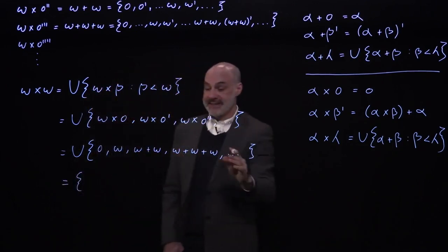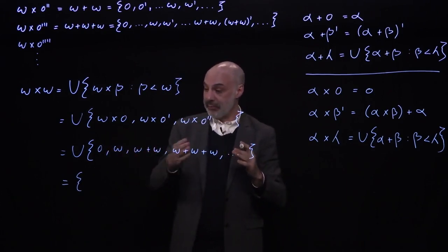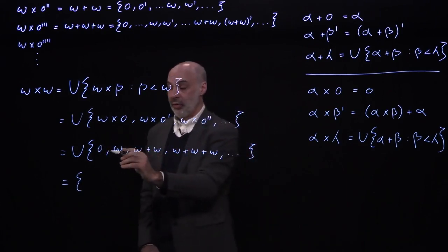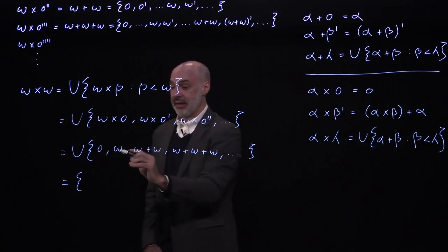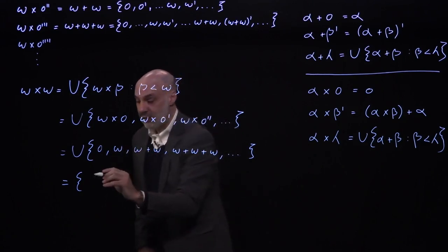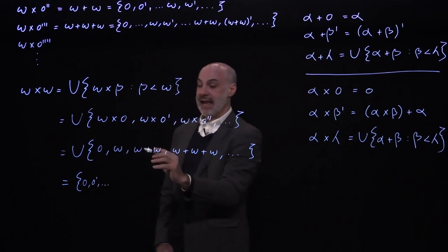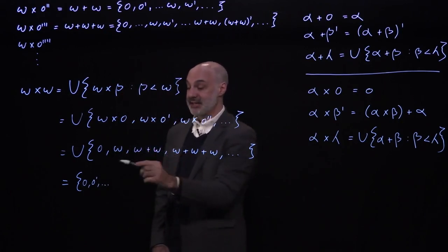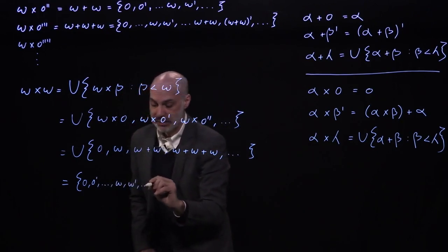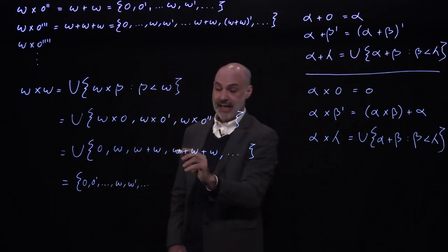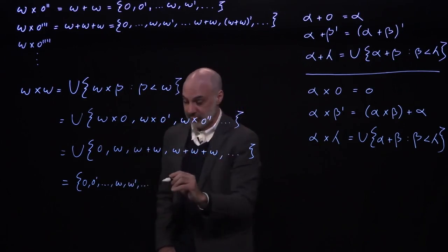And remember, the union of a set is just the result of pooling together all the elements of the members of the set. So when we pool these together, we start with 0, which has nothing. Then we add everything in omega, which is 0, 1, and so forth. Then everything in omega plus omega, that's all of those. And then omega, omega prime, and so forth. Then everything in omega plus omega plus omega, that's all of those.